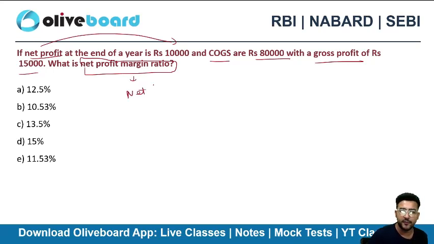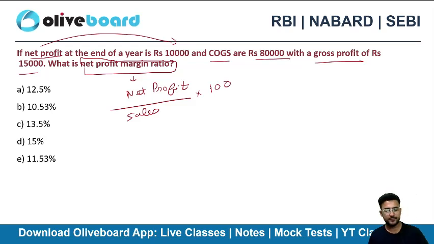Whatever my net profit is, divided by my net sales, into 100. That's the formula of net profit margin ratio. So my numerator is already sorted. I do have my net profit of 10,000.